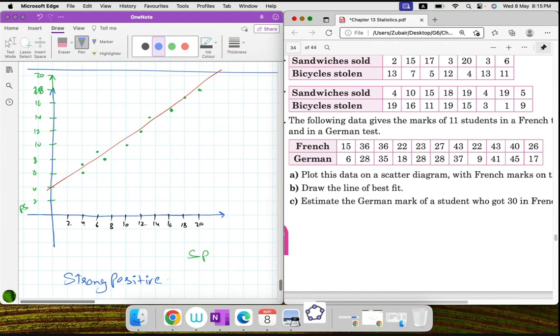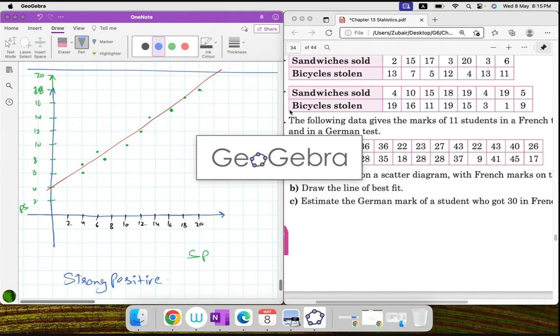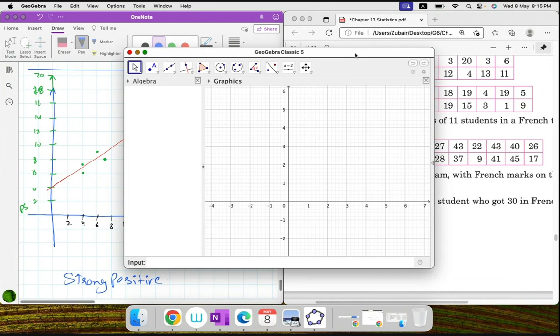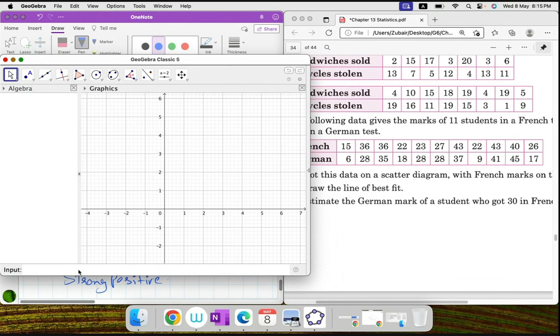Let me see if I can draw here. I may be able to draw the points, but the line of best fit. So 15, 6, and then I have 36, 28, 36, 28.